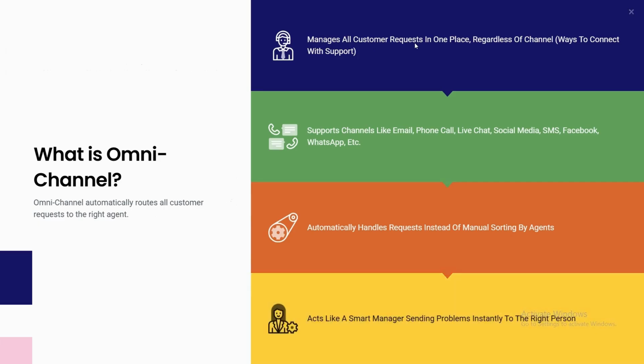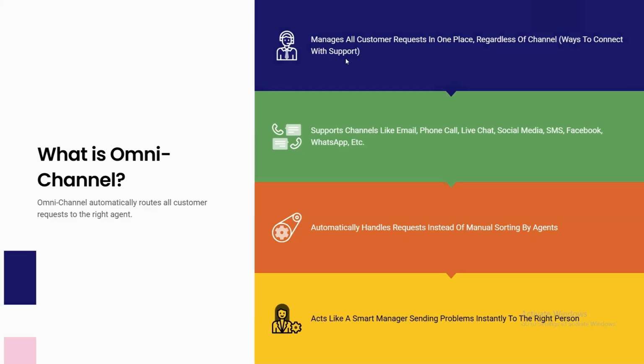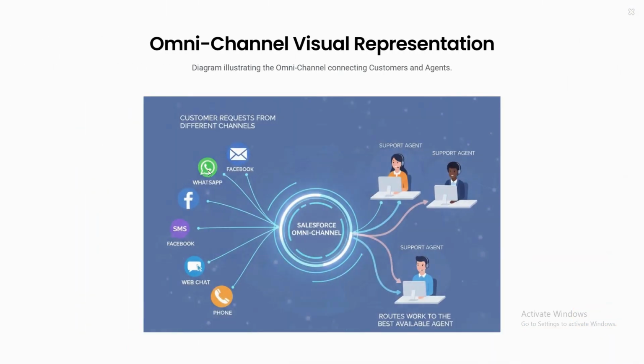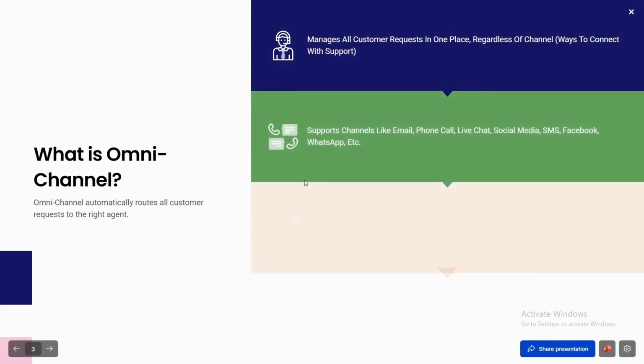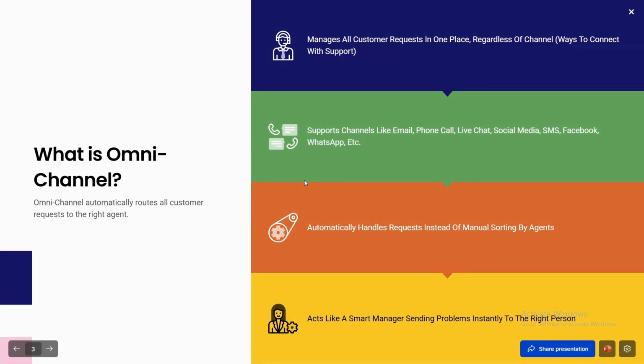It manages all customer requests in one place, regardless of the channel. Channel means ways to connect with support. So regardless of any channel, whether it's coming from WhatsApp, Facebook, SMS, web chat, or call, it accepts the work and routes the service request to the best available agent.